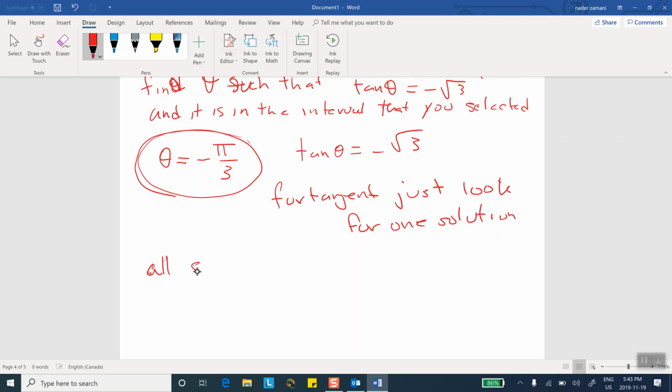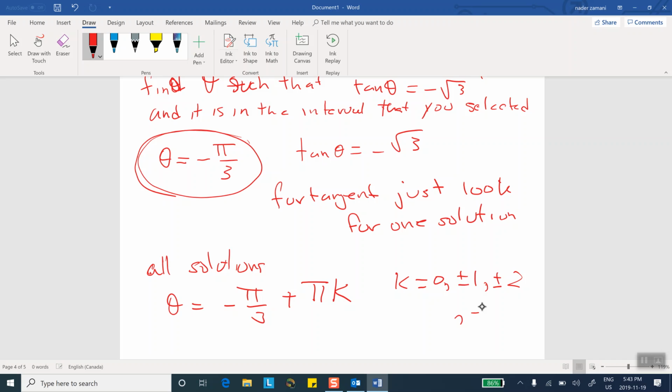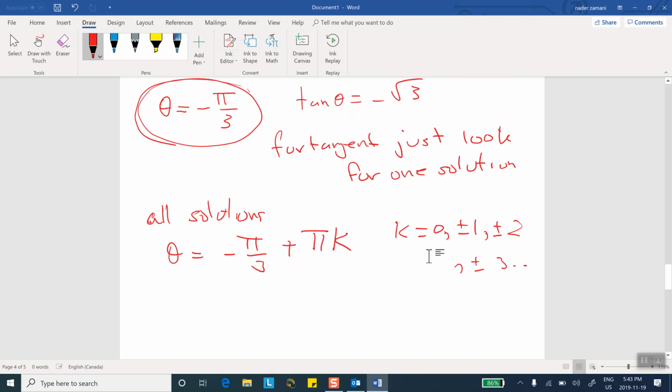All solutions are whatever you found plus pi times k, where k is equal to 0, plus or minus 1, plus or minus 2, plus or minus 3, etc. The key is for tangent, you look for one solution. And it is usually very easy.